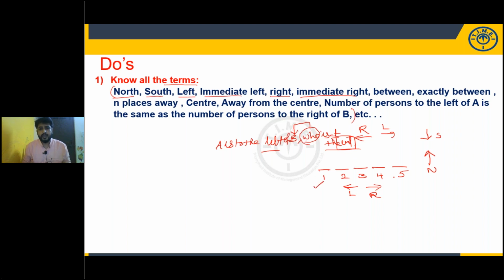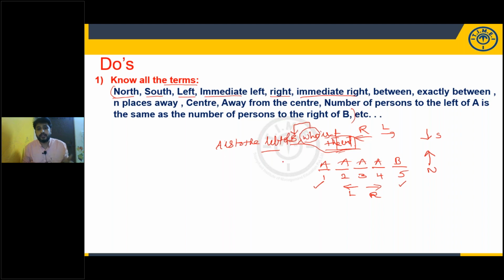Together we call them ends. When it is mentioned A is to the left of B, who is at the end? B has to be at the end. And since someone is to the left of B, B cannot be at the left end. So B has to be at the right end. By placing A in any one of the other positions, we can say that A is to the left of B. So your thinking has to be like this.